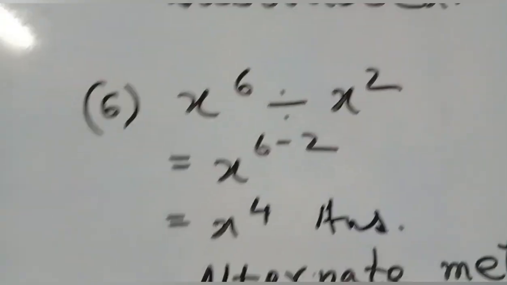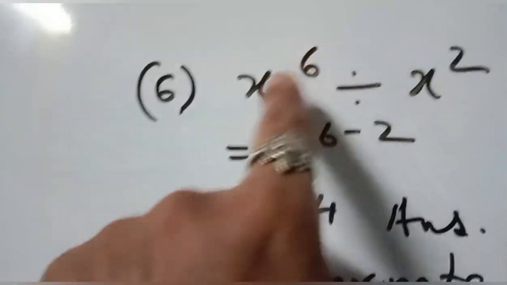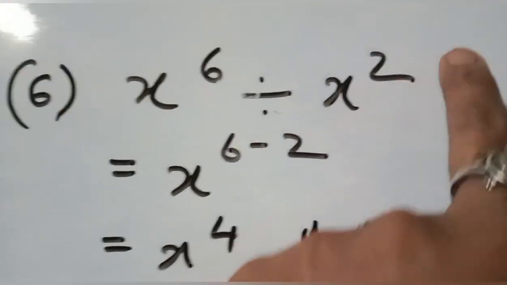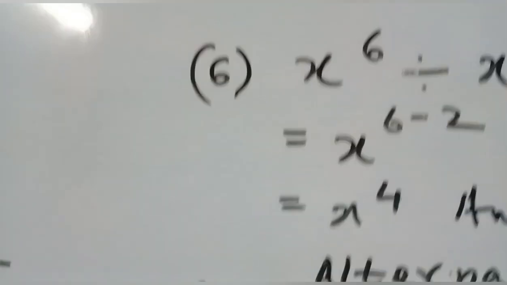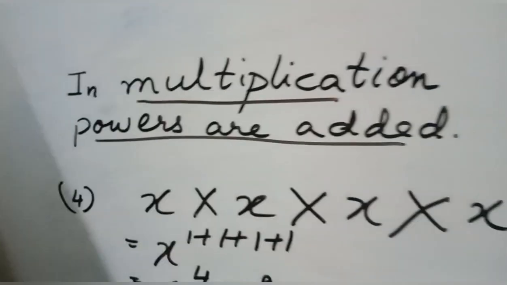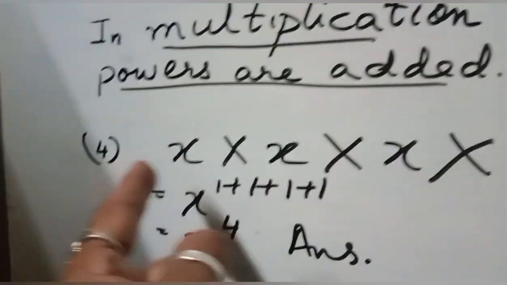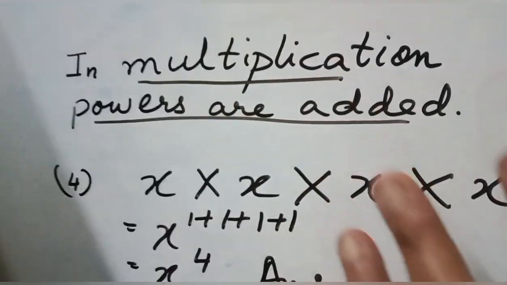Okay, now see, x to the power 6 divided by x to the power 2. So the base is same. Here also, in multiplication powers are added, but the base must be same. If the base is same, the powers are added.